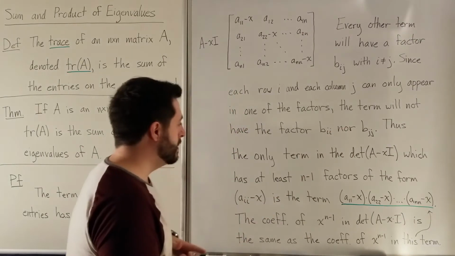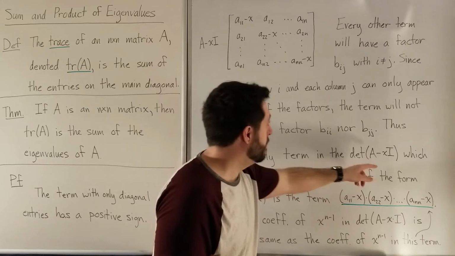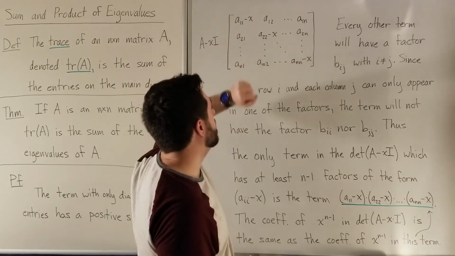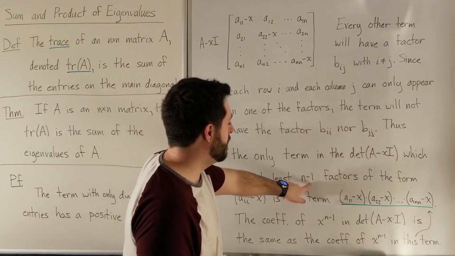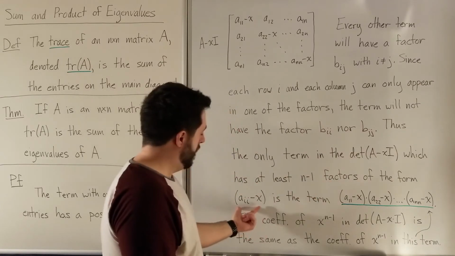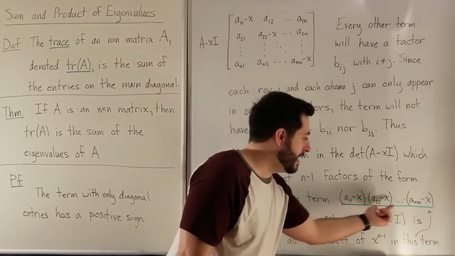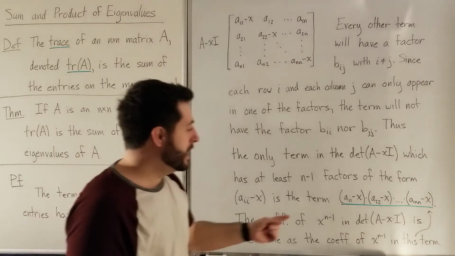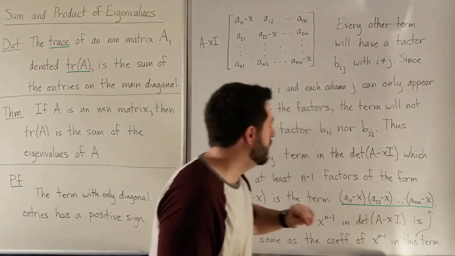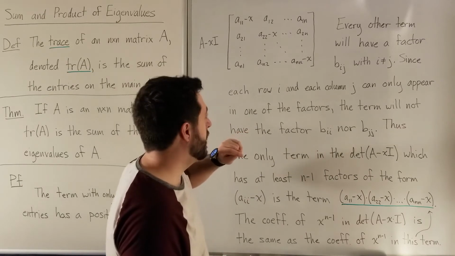So what that means is the only term in the determinant of this matrix, A minus xI, which actually has at least n minus 1 factors that have an x in them, is the term that has all of the factors. If you're missing any one of these factors, that's the same thing as having a factor that's in an off diagonal entry.